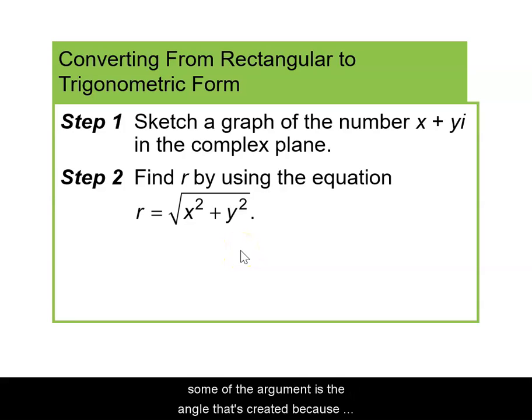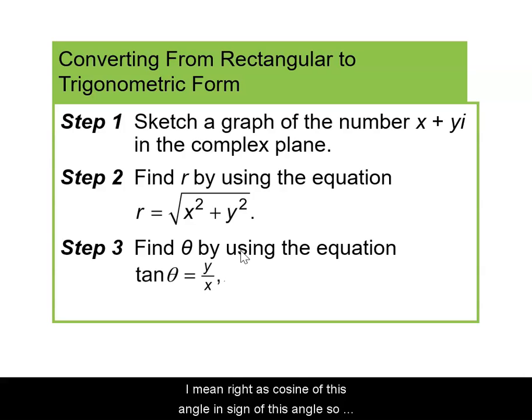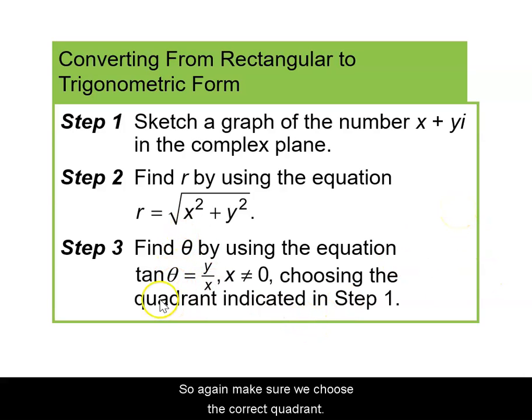So remember the argument is the angle that's created because I need to write it as cosine of this angle and sine of this angle. So I would use tan inverse of y over x to figure out what my theta is, okay? So again, make sure we choose the correct quadrant. Sorry, you already have the correct signs, so make sure you choose the correct angle so that it makes sense, okay?